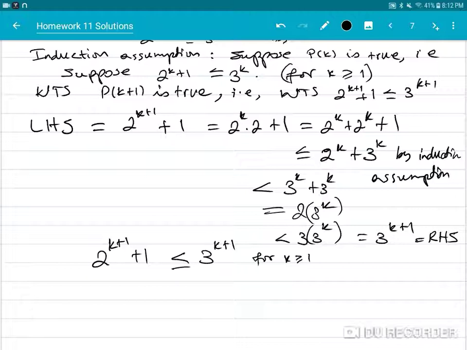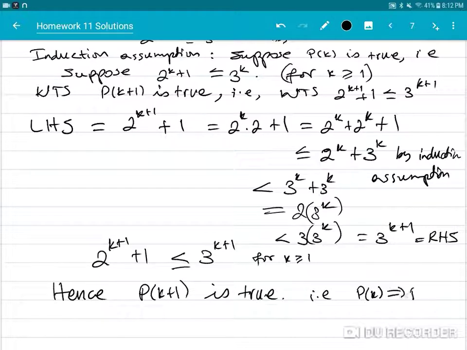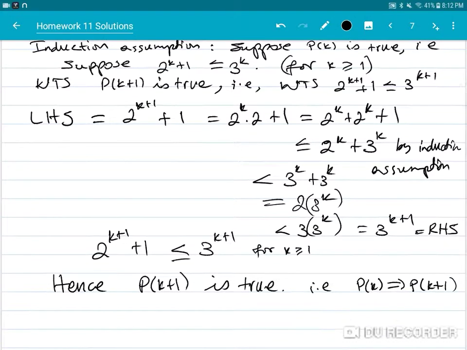It's still true. Hence, P(k+1) is also true. In other words, we used P(k) to get P(k+1). Okay?